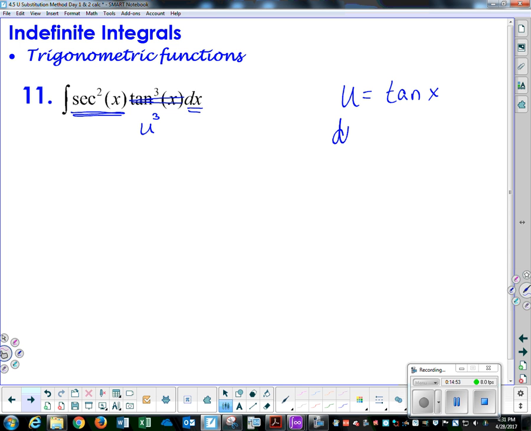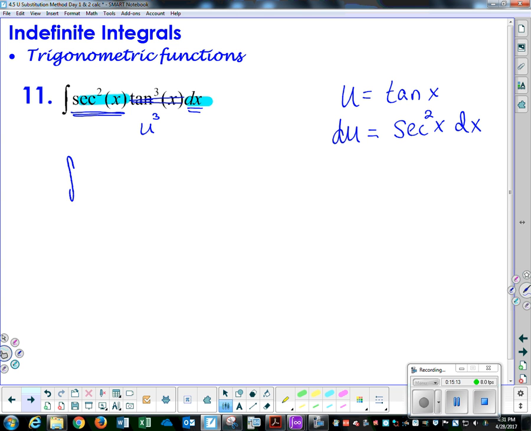Let's take the derivative of both sides. So du is equal to a secant squared x, and this would have been divided by dx. Instead of putting it there, I'm just going to multiply right away and bring it up and over. And now that is a perfect, perfect, perfect substitution for secant squared dx.